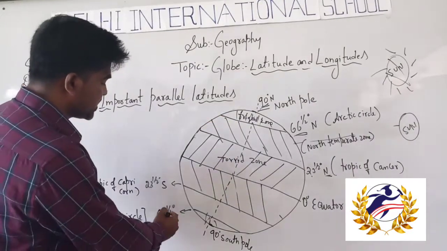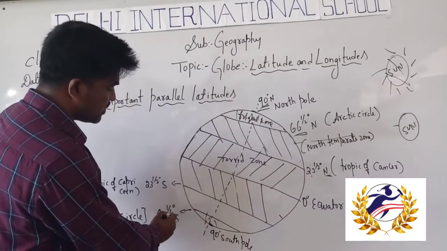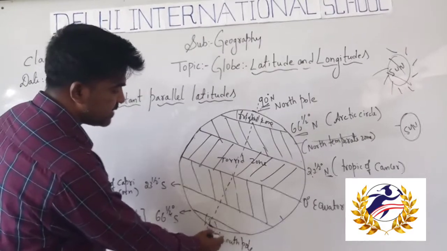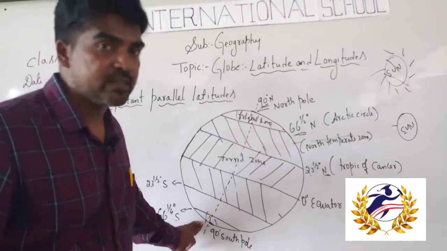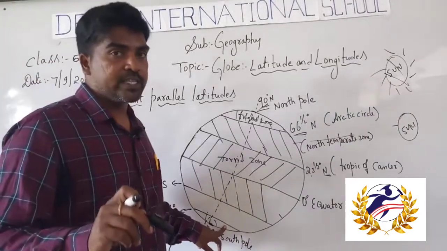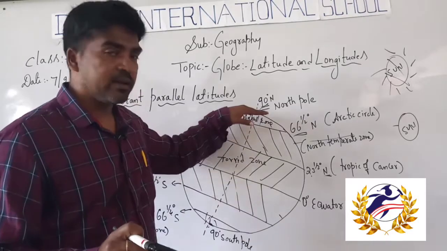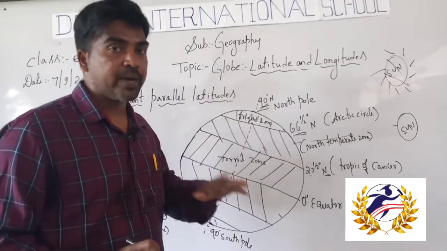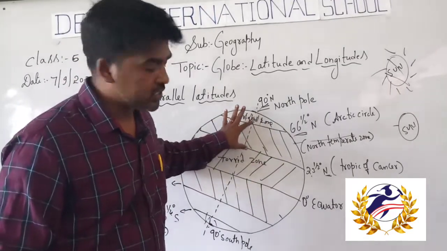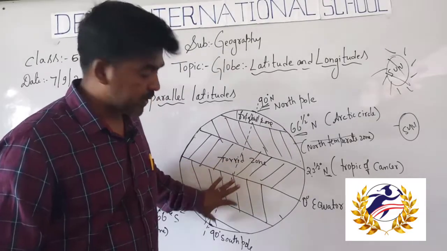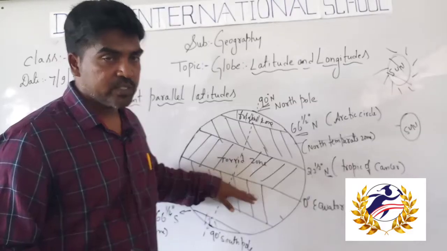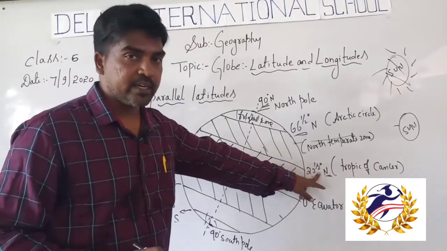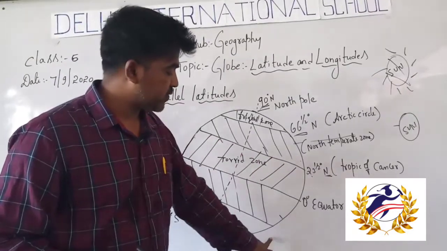And from 66.5 degree south to 90 degree south pole, it is once again the freezed zone. We have two freezed zones, at the south pole and the north pole. We have two temperate zones, the north temperate zone and the south temperate zone, and one torrid zone from 23.5 degree north to 23.5 degree south.